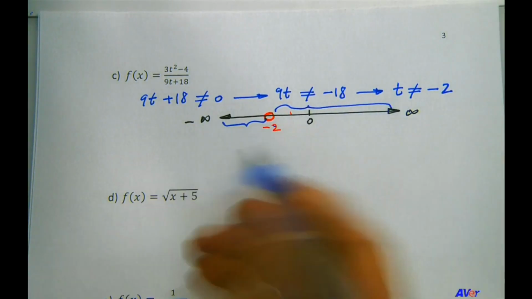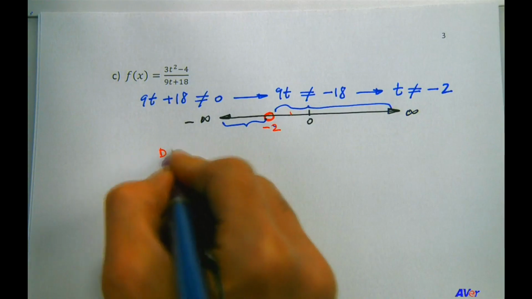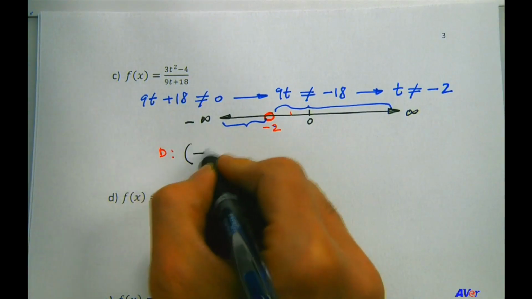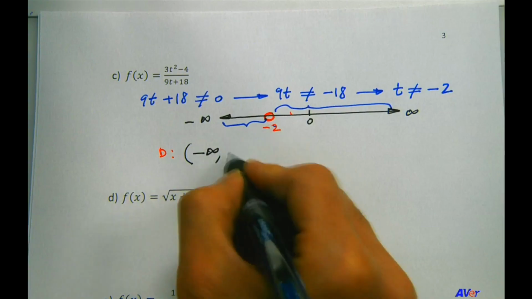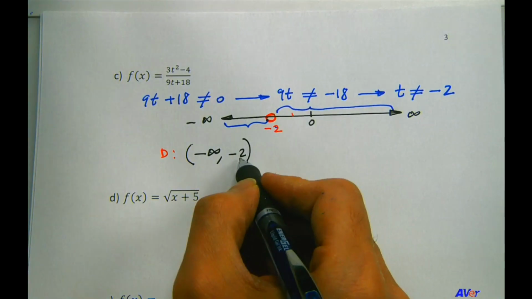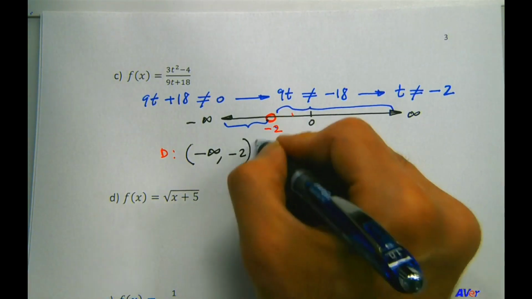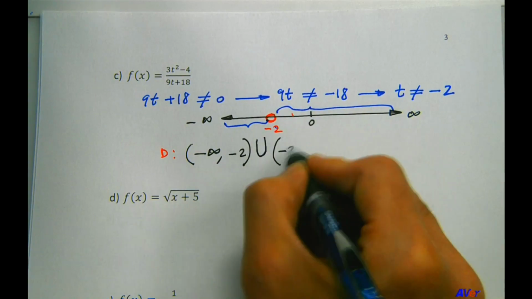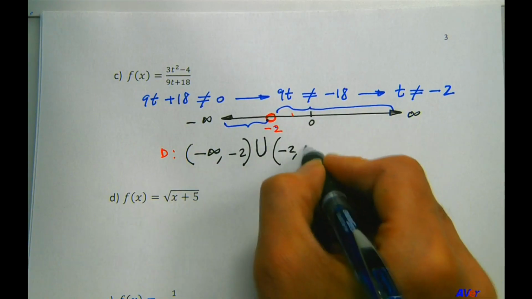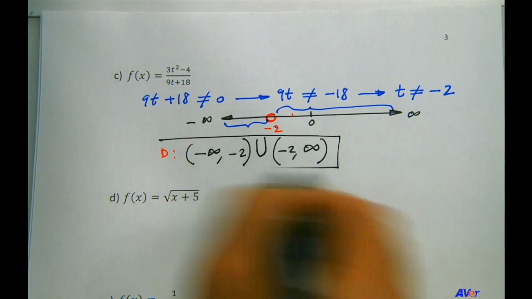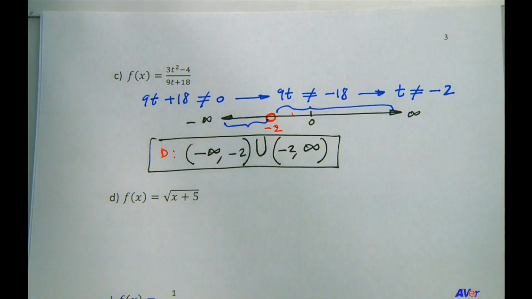So let's write it out. Domain is equal to negative infinity all the way to negative 2. Close parentheses. Parentheses means that negative 2 is excluded. Union the second piece, which is after negative 2, comma, all the way to positive infinity. Okay, that's the domain for that.